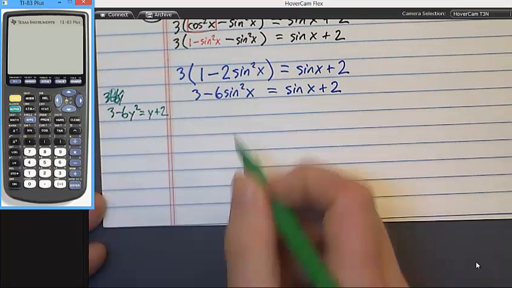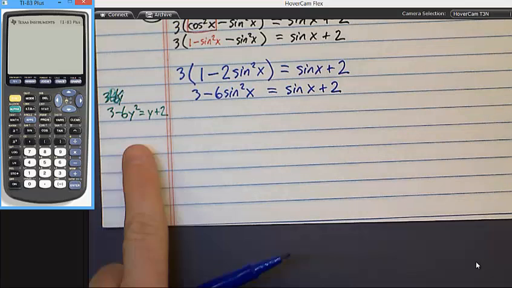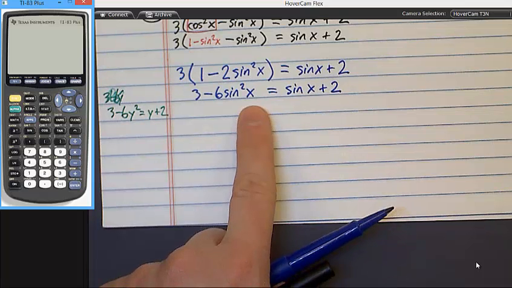That's really what this is if my y here is sine of x. All right? Now, would you guys know how to solve the green equation? What would be the next step? You got to set it equal to 0. So that's exactly what I'm going to do here.